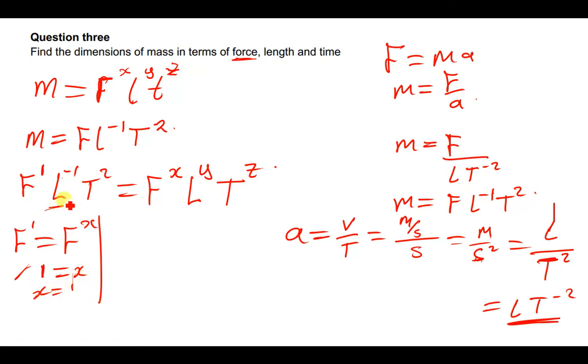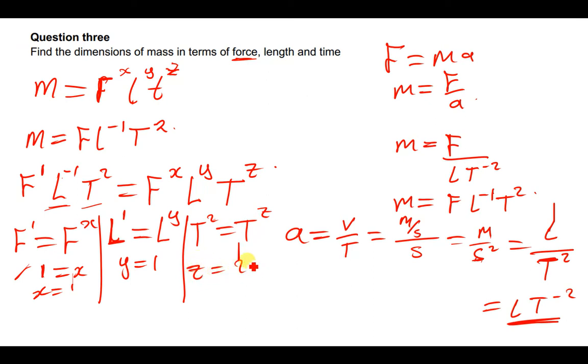Then we take L. This side it is raised to the power -1, and on the other side it's raised to the power y. So y is equal to -1. Then we also take t. T this side is raised to the power 2, on the other side it is raised to the power z. So z is equal to 2. So that's how you deal with that.